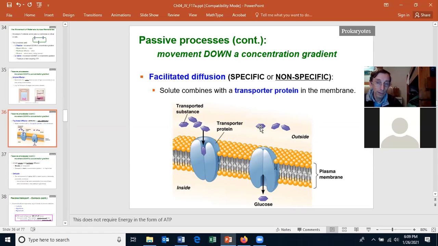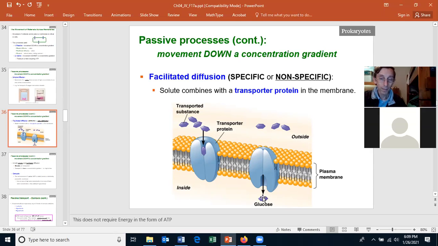But once the glucose becomes lower outside the cell than inside the cell, this transport protein changes its shape and changes its function, and now it acts as an active transport protein, and it will move the glucose from areas of low concentration to areas of high concentration.